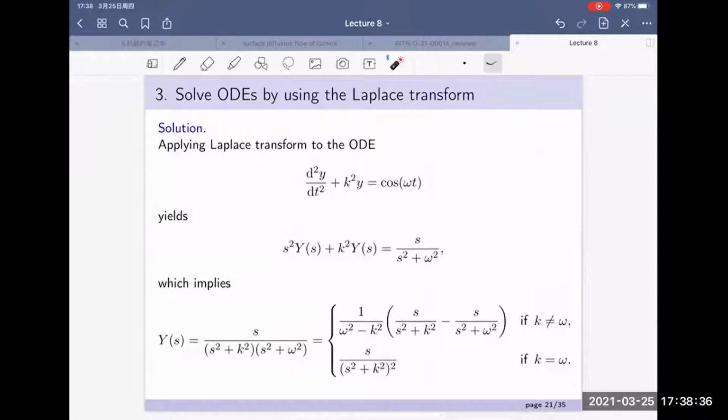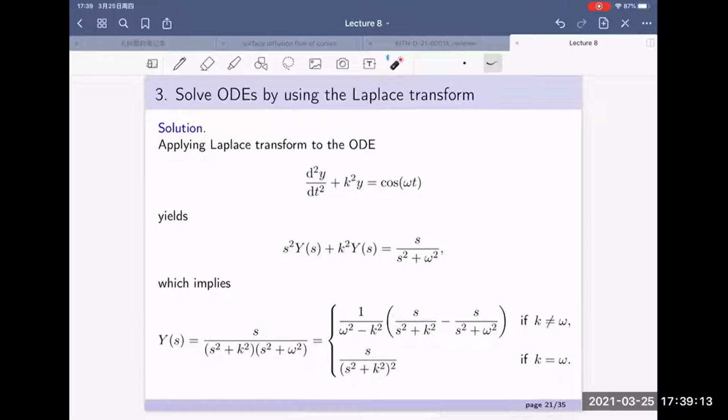But if you want to apply the inverse Laplace transform to this function, you need to simplify this very complicated expression. If k is equal to omega, you simply get a square here, with only one factor, and it cannot be simplified. But if the two factors are different, you can decompose it into two terms, each containing only one factor.